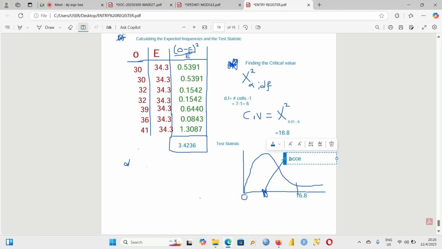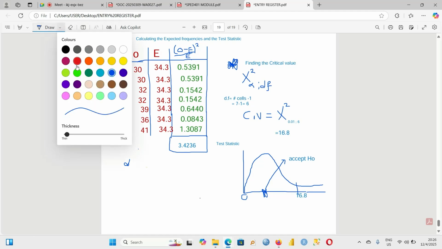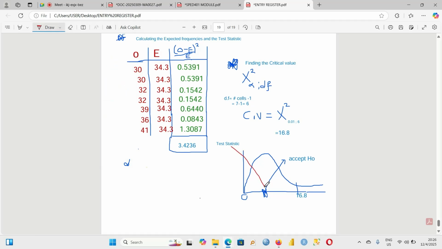Accept H0, it is in the acceptance region. If it were in the other region, we would reject H0.